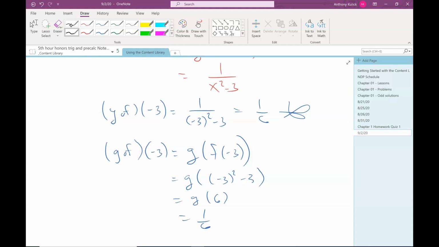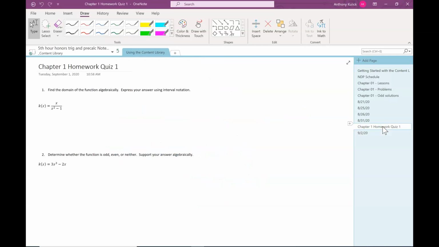In that content library, you'll see a page labeled Chapter 1 Homework Quiz 1. I'd like you to copy this page into your section of your notebook and answer these two questions. We'll take 10 or 15 minutes to do that, and then I'll tell you how to turn this in. Okay?